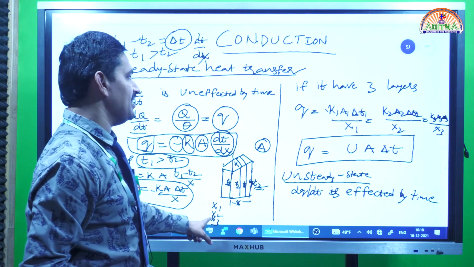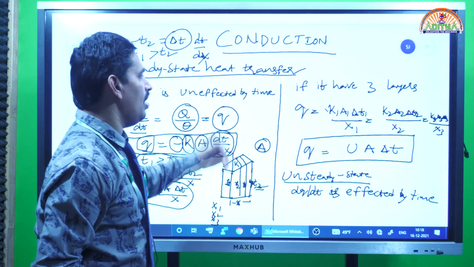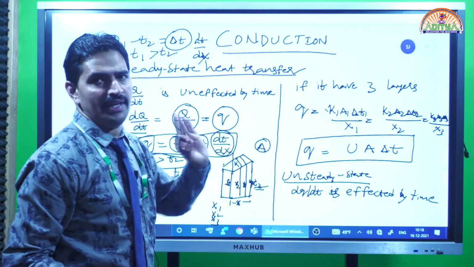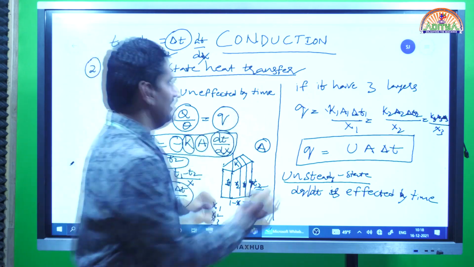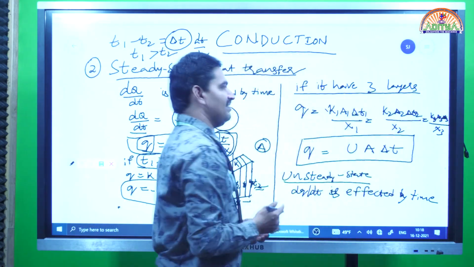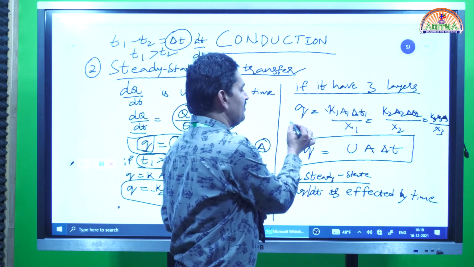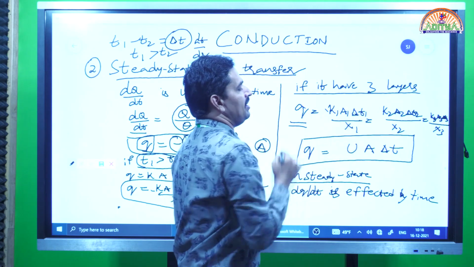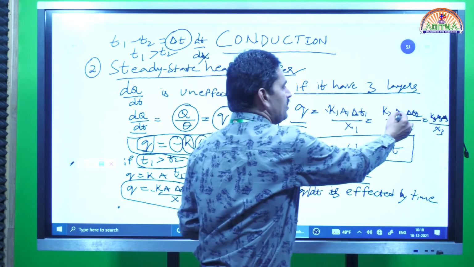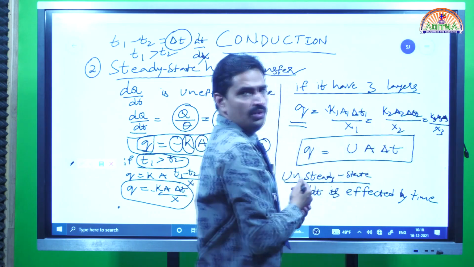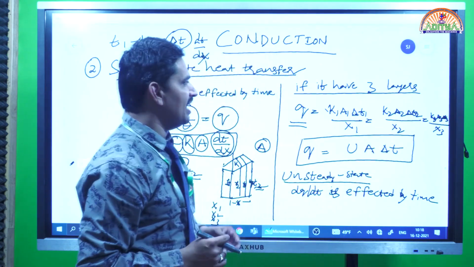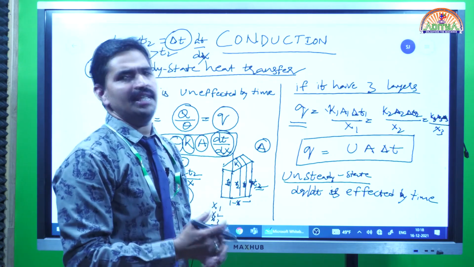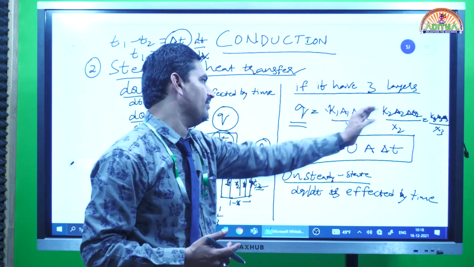How can we write the equation for rate of heat transfer when a slab has three layers? The rate of heat transfer is equal to K1 A1 delta T1 divided by X1, which is equal to K2 A2 delta T2 by X2, which is equal to K3 A3 delta T3 by X3. That means heat transfer is the same in each and every layer.